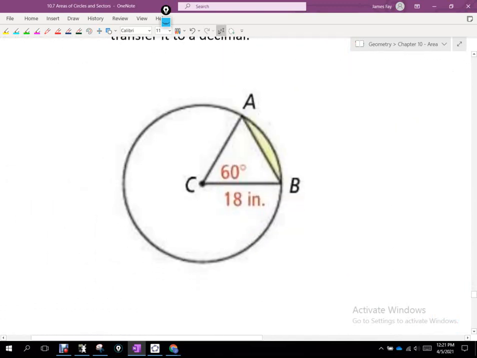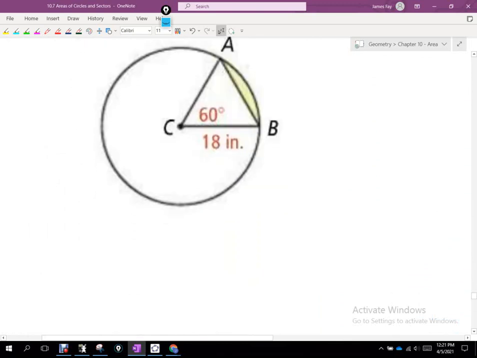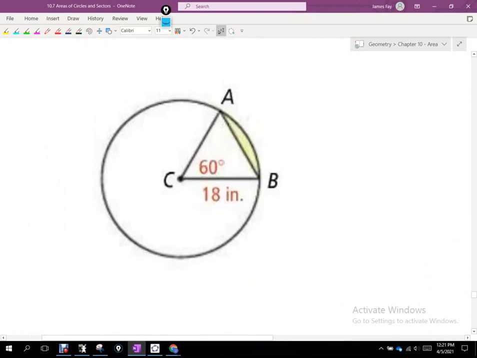All right. So here's a question they want us to work on. Find the area of that yellow segment. We call it a segment of a circle. We find its area knowing that the radius is 18 and that central angle is 60. So the first thing I always do, I know I need three things.